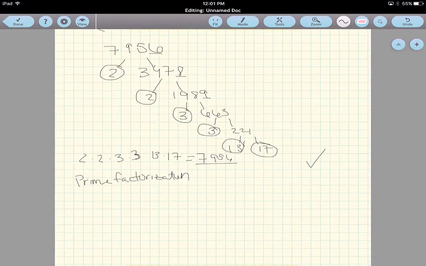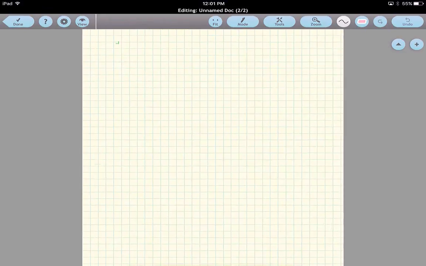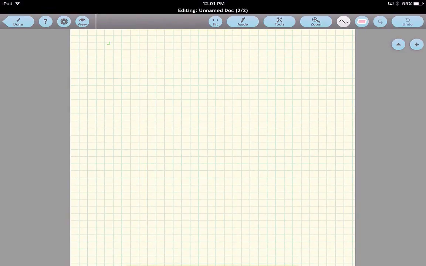The second way that we can factor this number, 7,956, is to just find all of the available factors. Let's consider that number once again, 7,956.